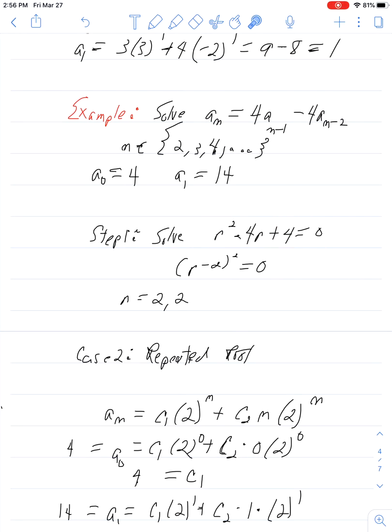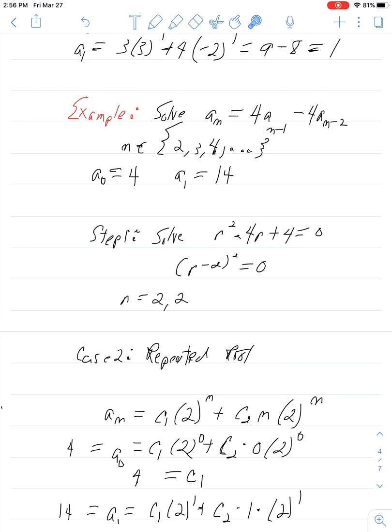So I solve the equation r squared minus 4r plus 4 equals 0. Well, it's pretty easy to see that that's a perfect square. R minus 2 squared is equal to 0. By the way, if you cannot factor it, you could use the quadratic formula. You need to recall what that is. The point is that I have a repeated root, 2 and 2.